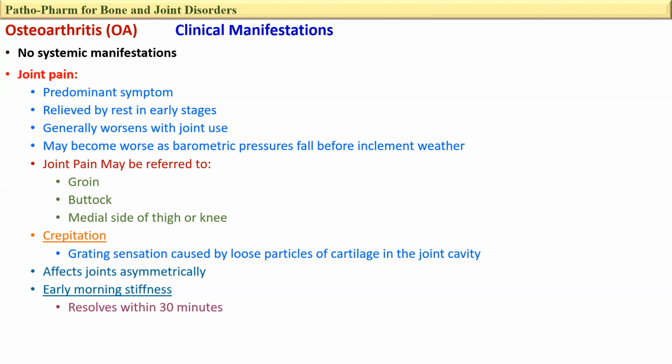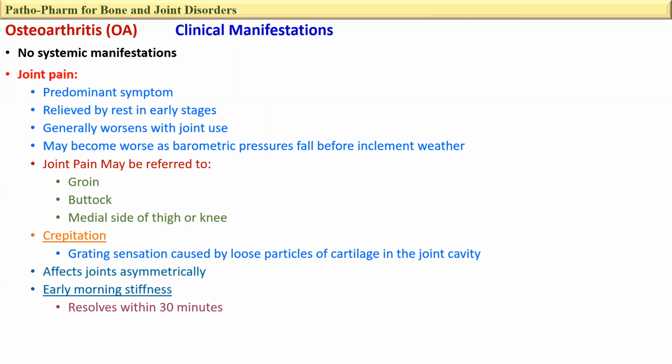That leads us to the manifestations. The inflammatory changes will result in early pain and stiffness. Like rheumatoid arthritis, the severe pain will be in the early morning. Overuse or repetitive motion of the joint will also result in pain.